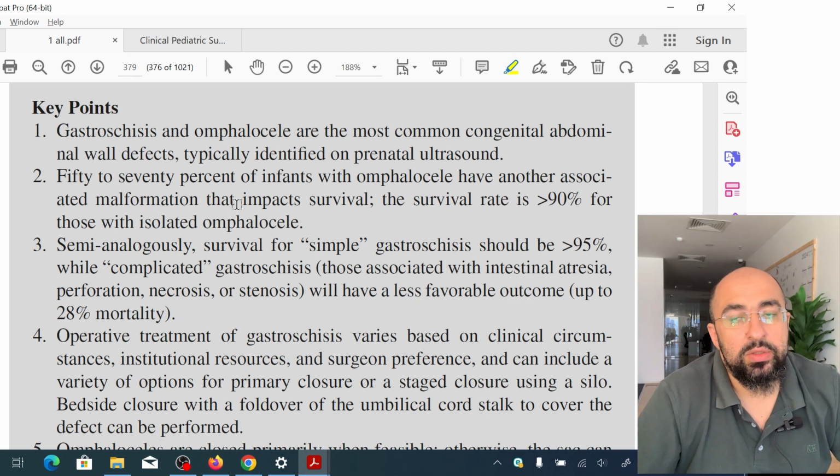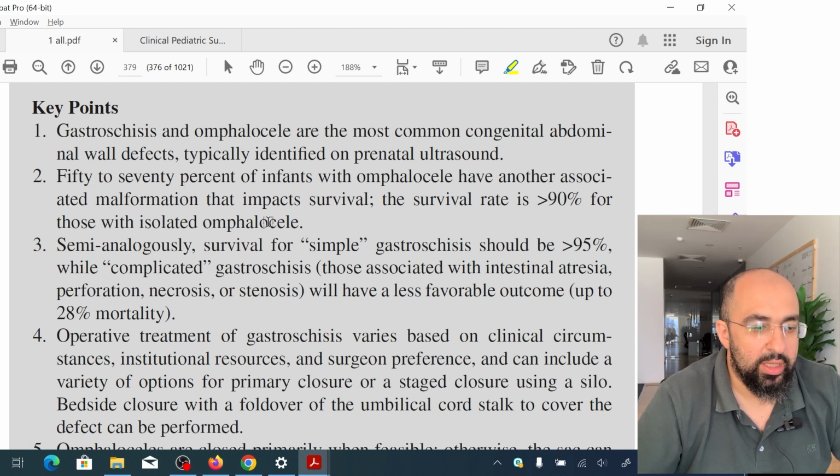On the contrary, gastroschisis is rarely associated with malformations that impact survival. It's more than 90% isolated, unlike omphalocele, which is much less often isolated because of cardiac anomalies.